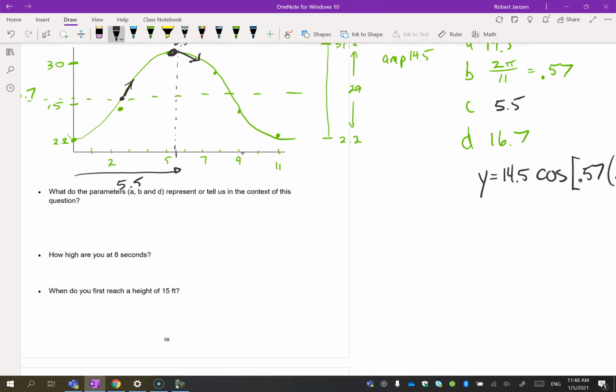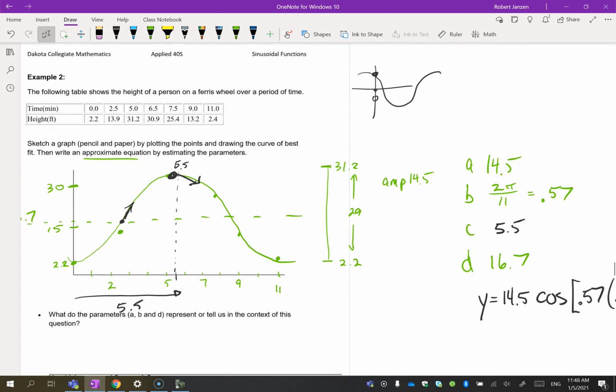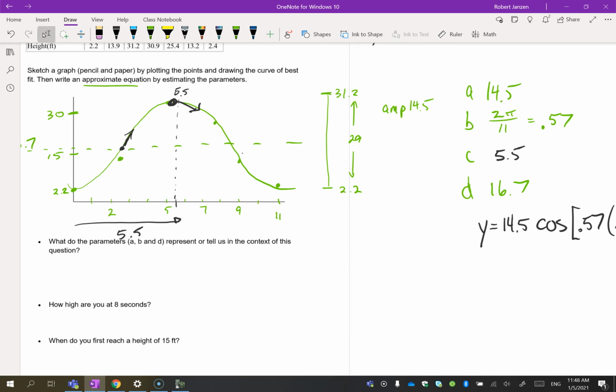What do the parameters A, B, and D represent? Okay, well, this says it's the Ferris wheel, a height. So 16.7 is the D value. 16.7 is the average height. Okay, A is how far it goes from that. It goes up 14.5, down 14.5.